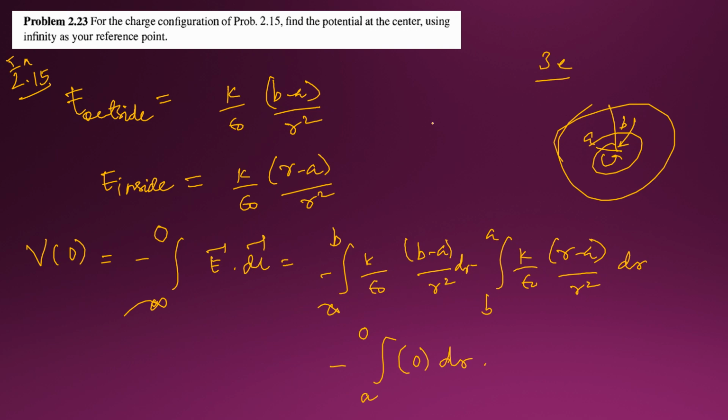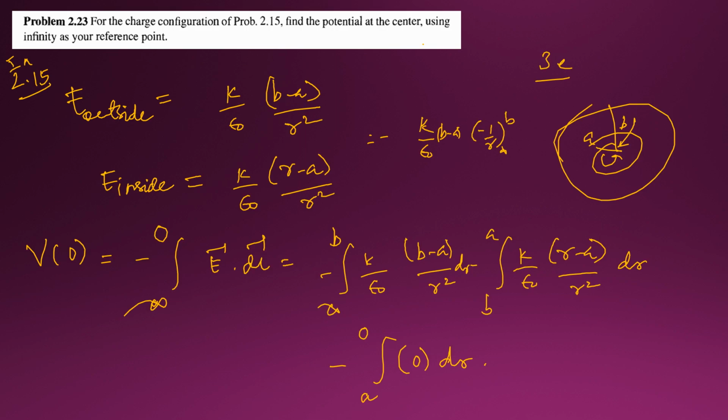So the first one, what will happen? K by epsilon naught, (b minus a) will come out, and it will be minus 1 by r, from infinity to b.